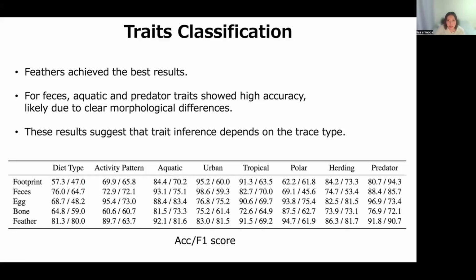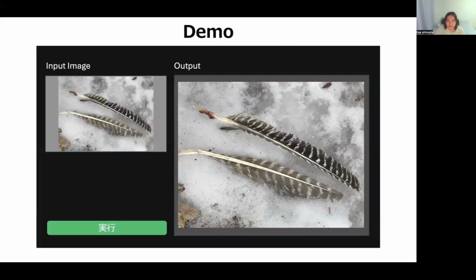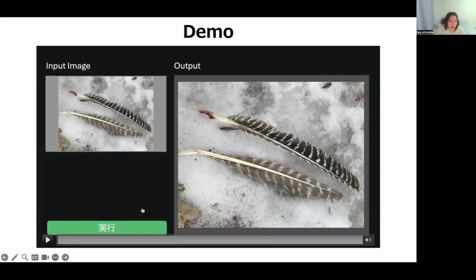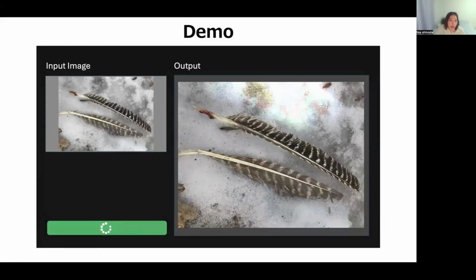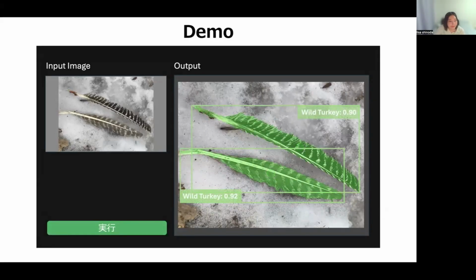These results suggest that trait influence depends on the trace types. This is our demo. The user can input images, and the output is a mask or bounding box and also the corresponding species names.